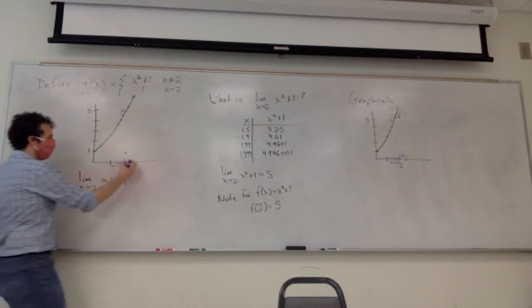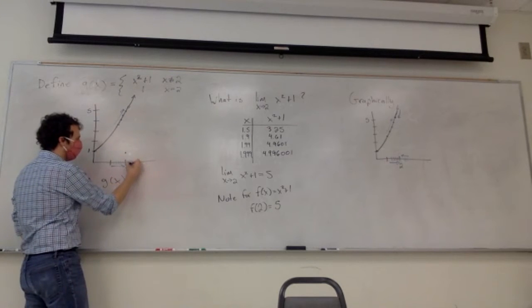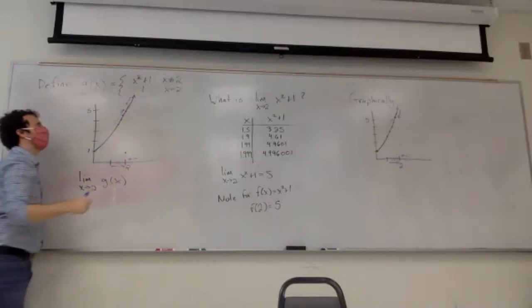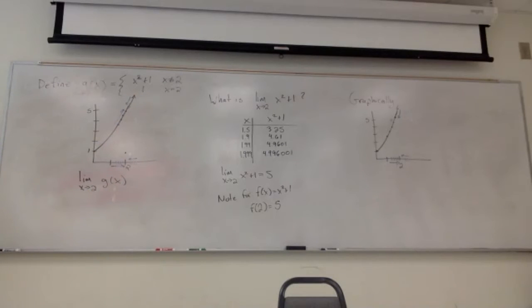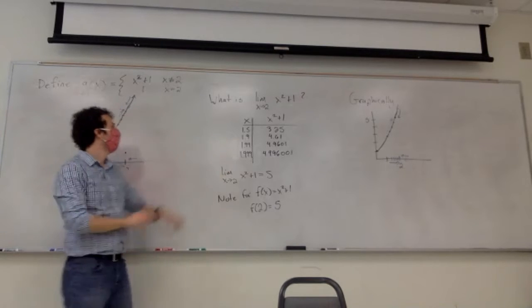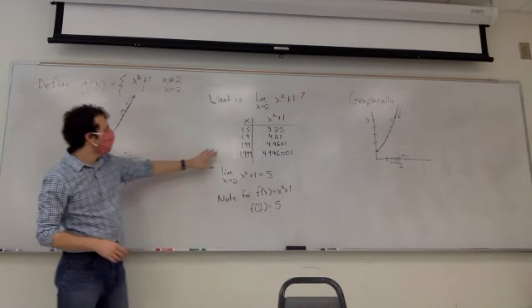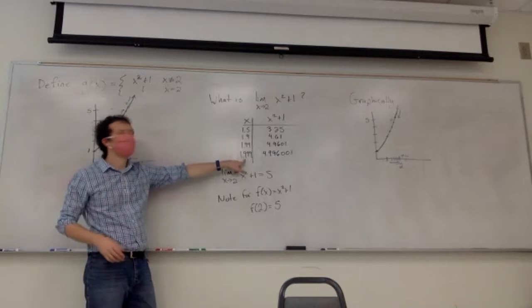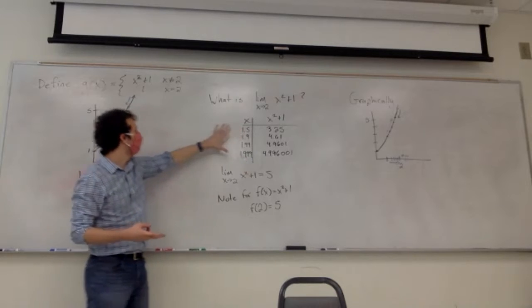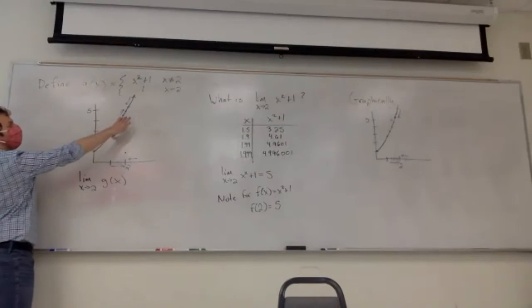And the same thing happens on the other side. If you're getting closer to 2 from the other side, you're going down, and again, getting closer to 5. And if you wanted to make a table for this, it would be exactly this table. Because when you're making this table, you're never actually using the x equals 2. You're always using other x's, which on our graph means you're always using this parabola.